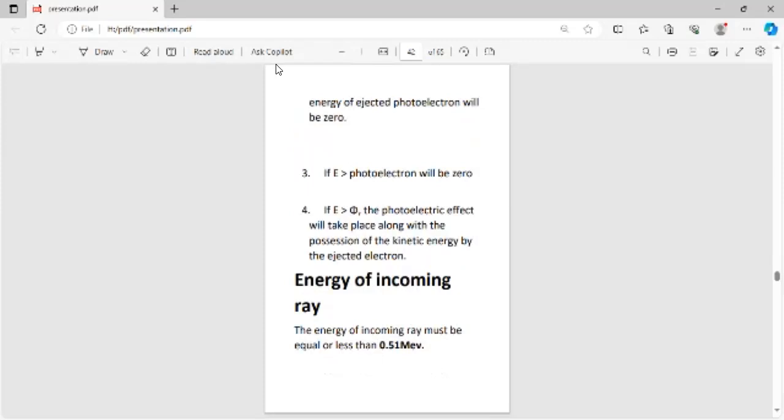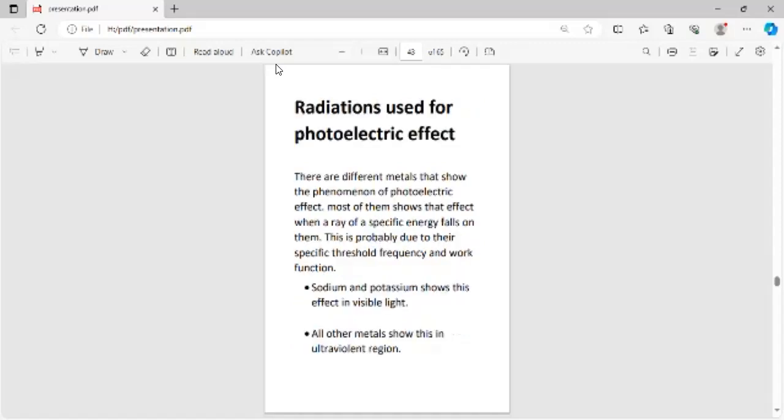The energy of the incoming ray must be equal to or less than 0.5 MeV. If it is greater, then the Compton effect and pair production would take place. Radiation used for the photoelectric effect. There are different metals that show the phenomenon of the photoelectric effect.